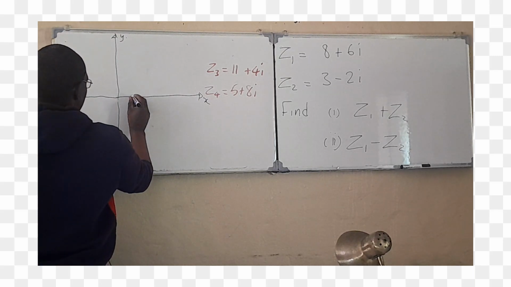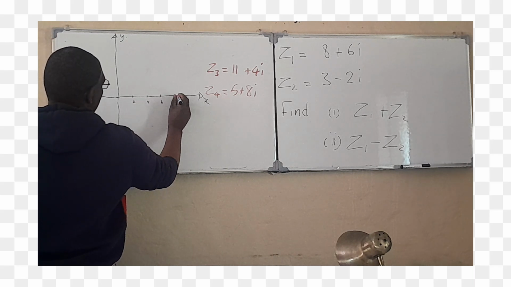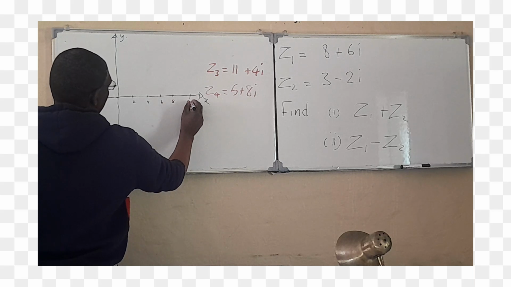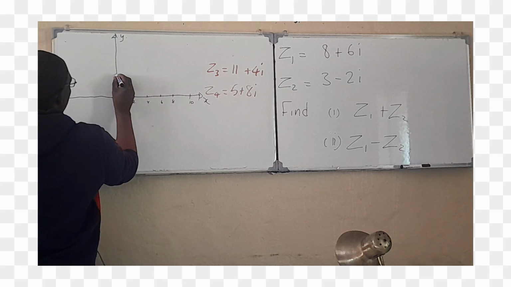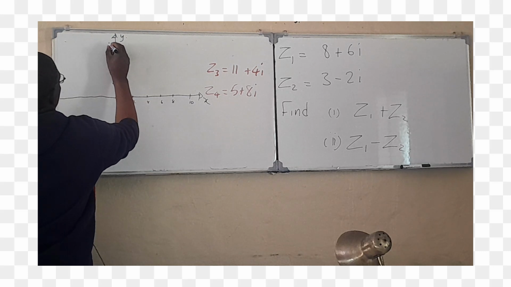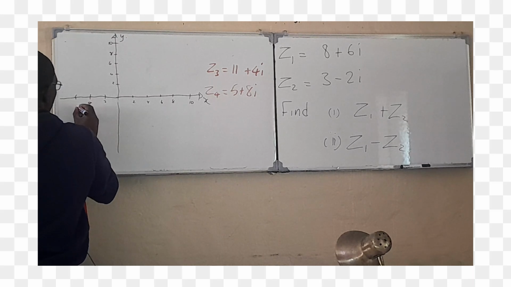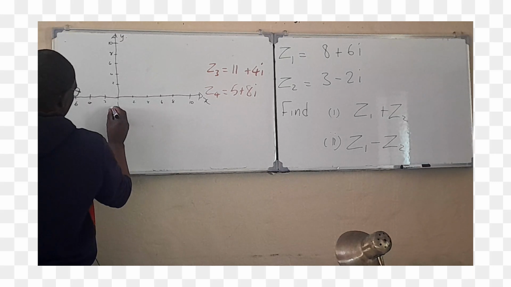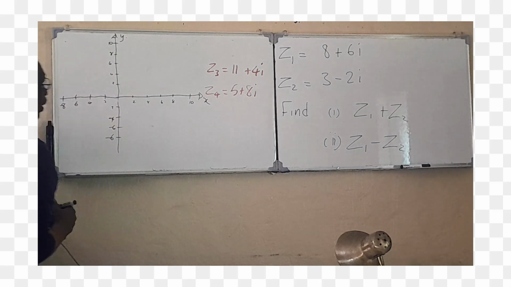So let's say this is 2, 4, 6, 8, 10 maybe. For y, this would be 2, 4, 6, 8, 10. So minus 2, minus 4, minus 6, minus 8. And here we have a minus 2, minus 4, minus 6, minus 8.